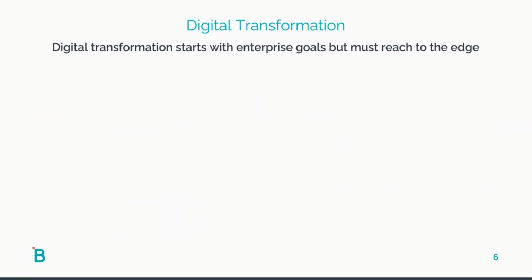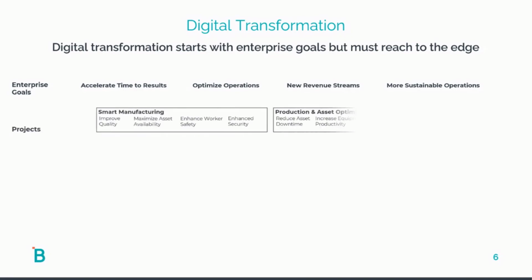So I want to start out similar to Rajesh. I'm going to start out at the top level, the digital transformation level. Companies often have goals or digital transformation strategies around optimizing their operations, revenue streams, new revenue streams, more sustainable operations, and really trying to accelerate time to results in driving their business.